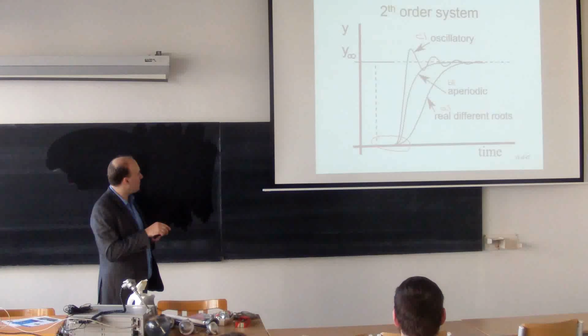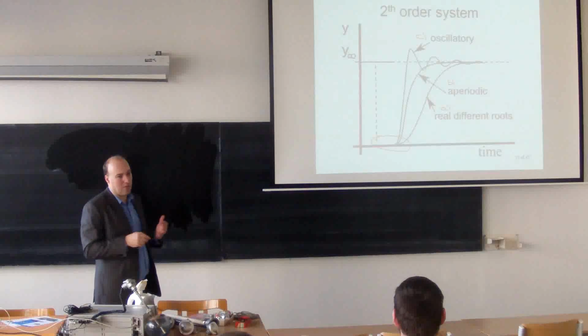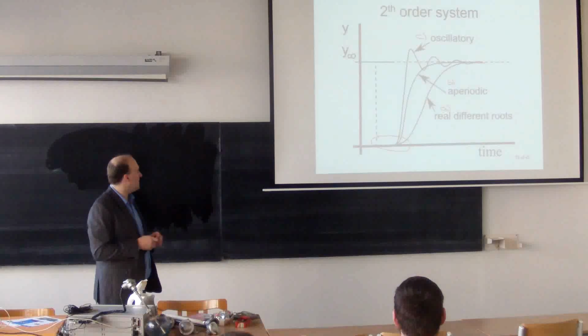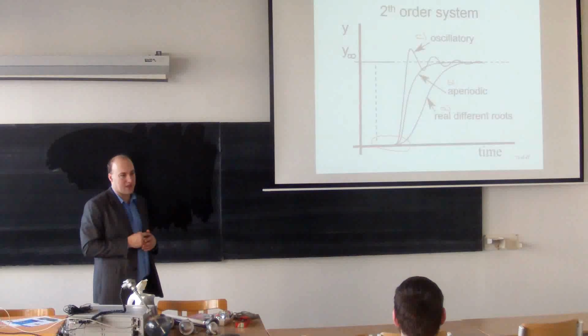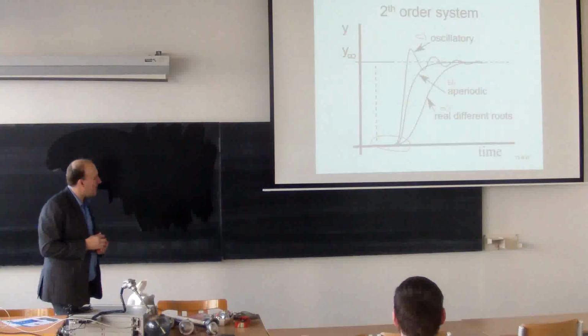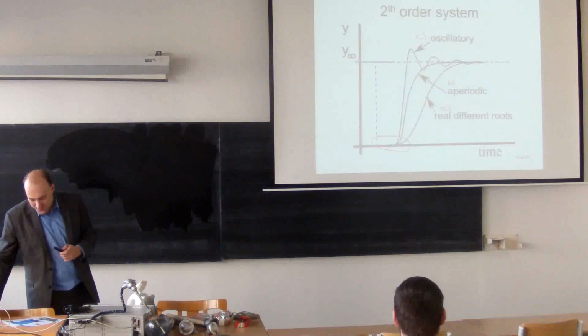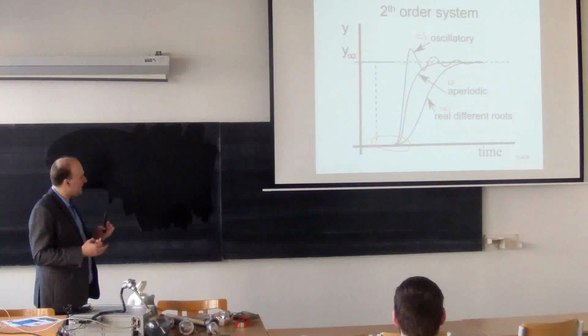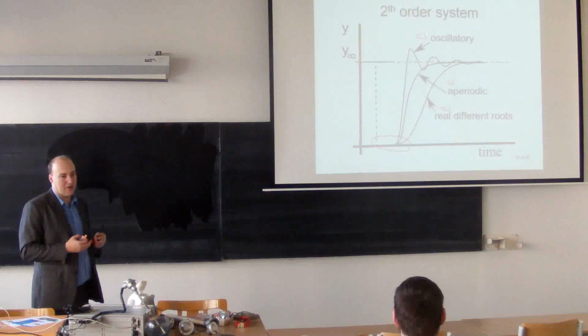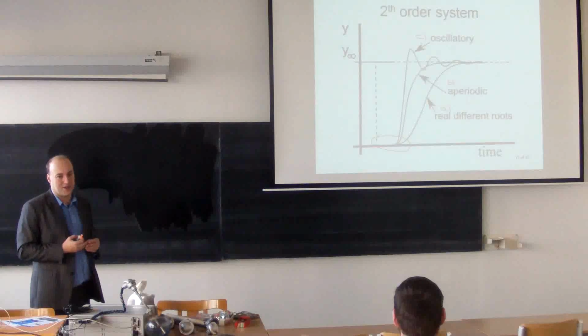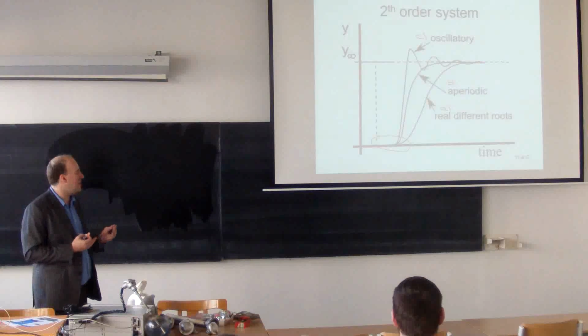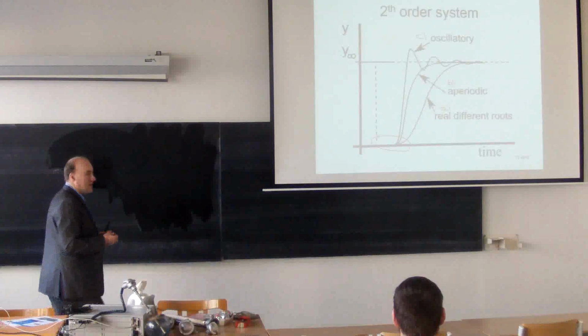And the third possibility is where you have complex roots, and you will have a certain oscillating response. Now, there is an immediately visible difference between the first order and the second order system. Where is it? What is different in this response?